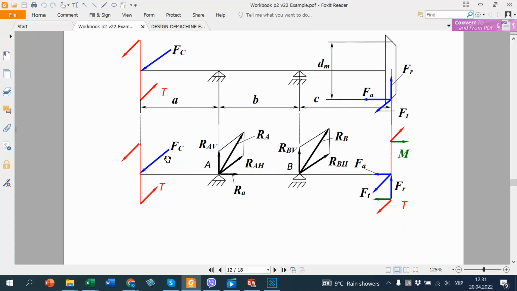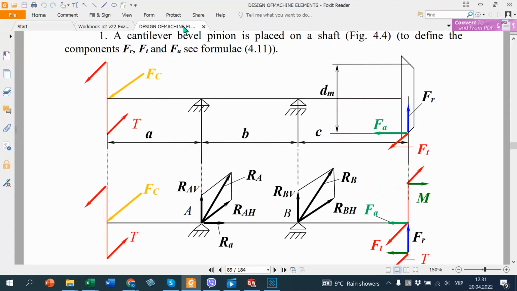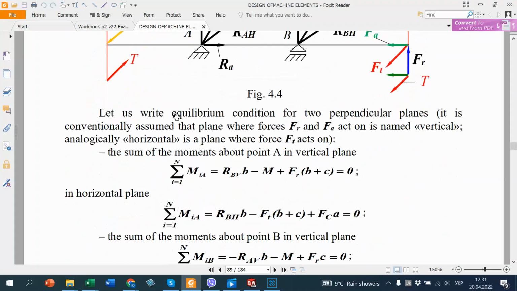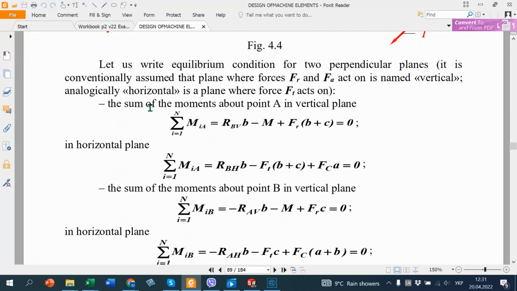So, distances A, B, C, and force times distance create bending moment. So the same picture, summary moment is calculated like this.